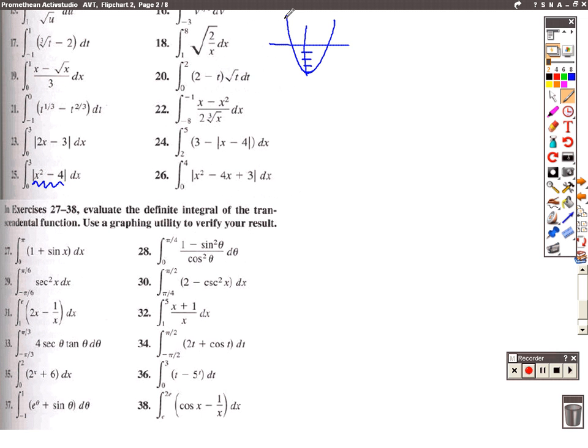And when we take the absolute value of that, all this area down here would flip up. So the x-intercepts are at positive 2 and negative 2. So the graph would look like, I'm kind of cheating a little bit here, like this.